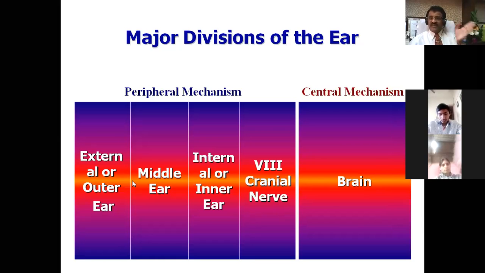So the peripheral mechanism has four parts: external ear, middle ear, internal ear, and auditory nerve, though its anatomical name is vestibulocochlear nerve. We always say vestibulocochlear nerve. This is what we are going to study today in the following slides.